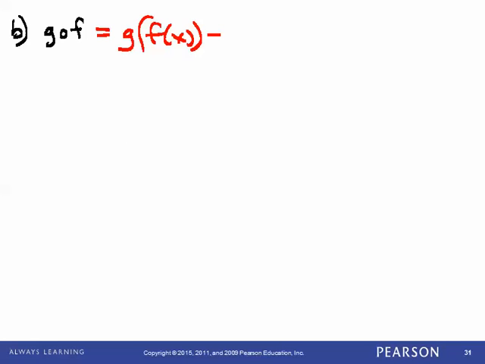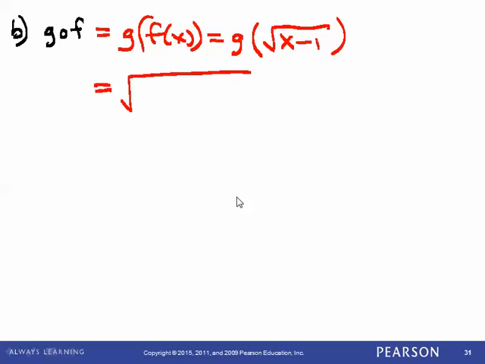We take the F function, which is the square root of x minus 1, and we're going to take it into the G function. So if I do that, then it looks sort of like this. Remember, the G function is just square root of 4 minus x. It's x squared, huh? Okay. Put that in.